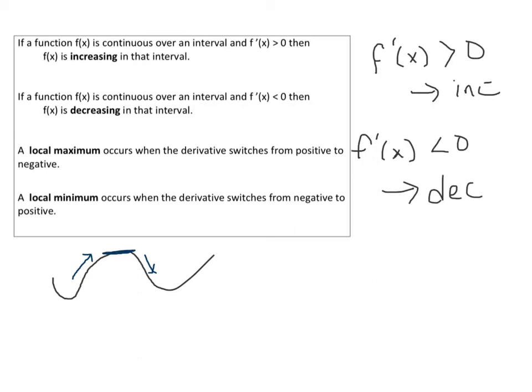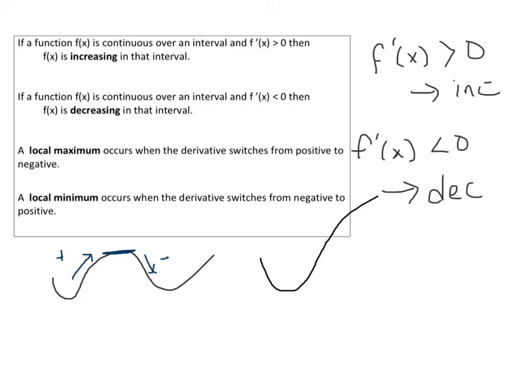So a local maximum again occurs when the derivative switches from positive to negative. So in this case the derivative was positive because it was increasing, and now it's negative since it's decreasing. So suppose we had another function that perhaps looked something like this.